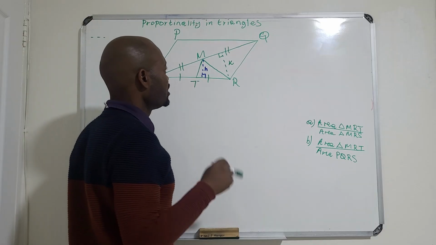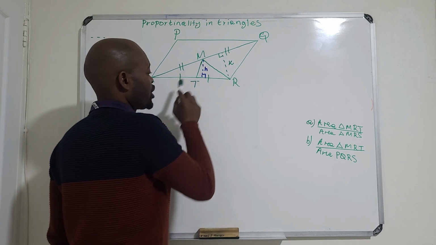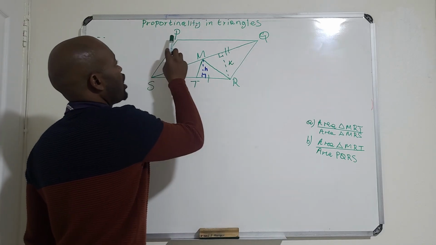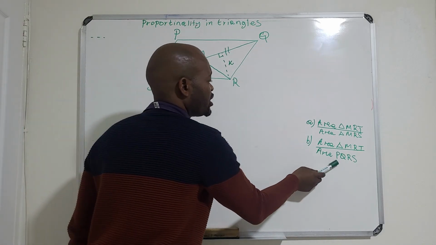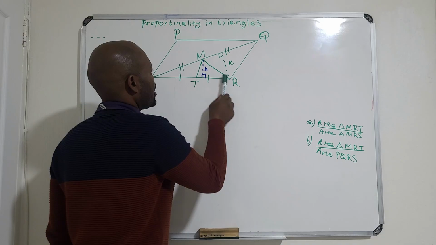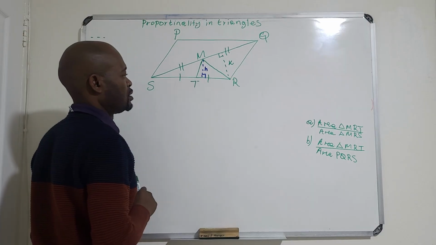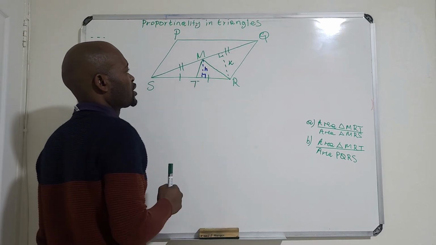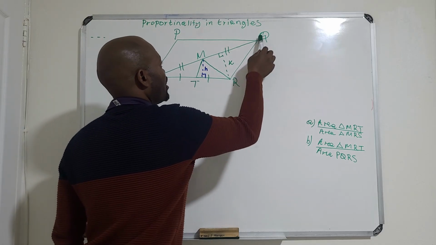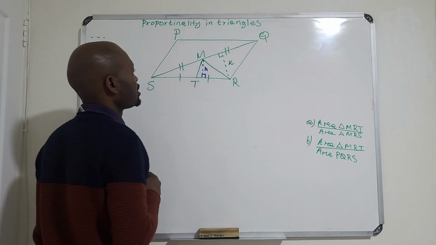Now, for us to find the ratio of the area of MRT over the area of the parallelogram, we need to first compare this triangle and this triangle. That is why I have constructed a height for this triangle there, which has a height of K, which is perpendicular to the base.